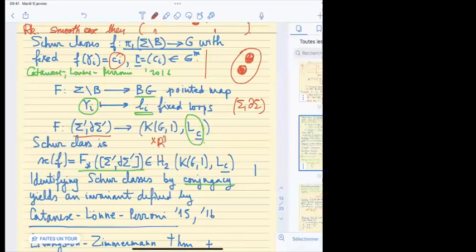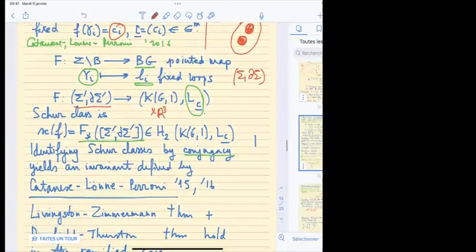Sorry, can I ask? As I understood you, we have some easier problem coming from the linking number. Probably this is a Schur class, because if you take some copy of a component, then we have to do it over the ramification point with prescribed order.